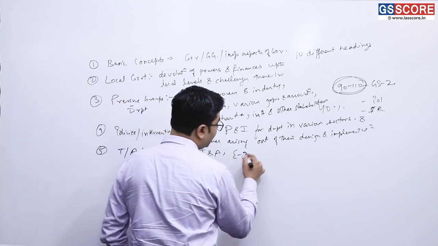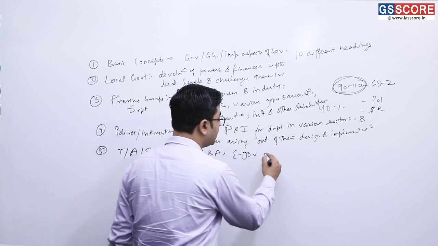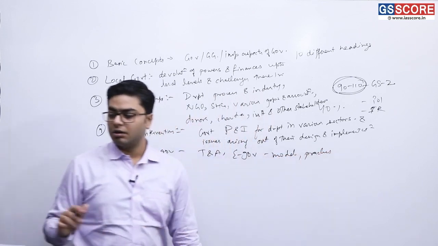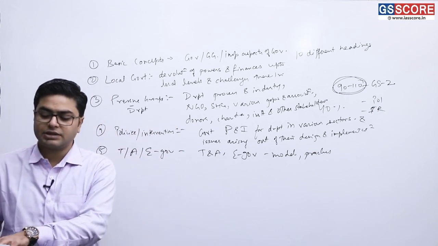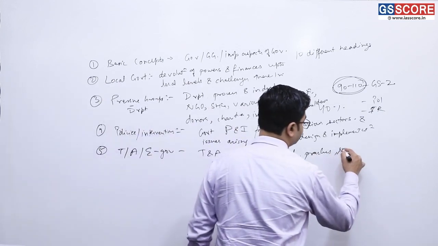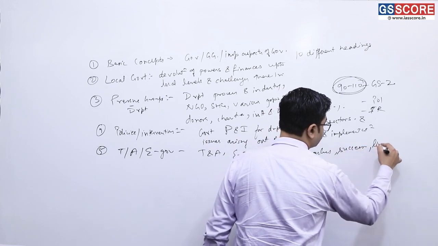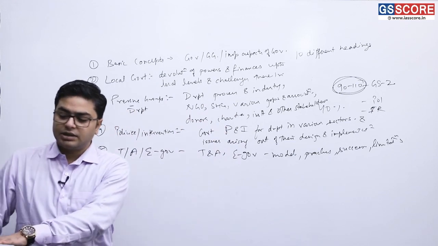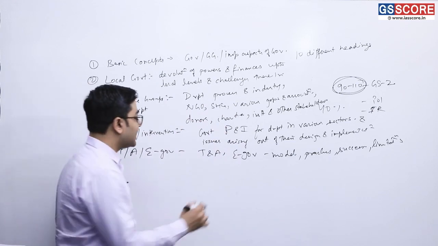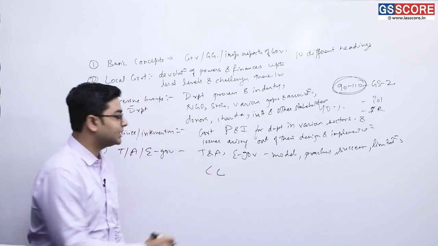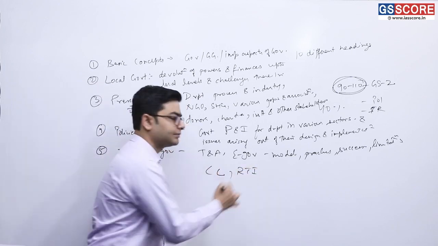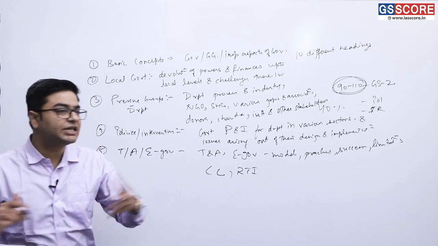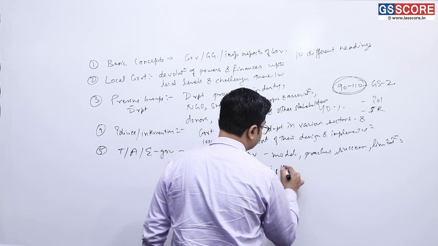E-governance, basically in its substantial form, models, practices, successes, limitations, potential, things like Citizens Charter, RTI, institutional and other stakeholders.